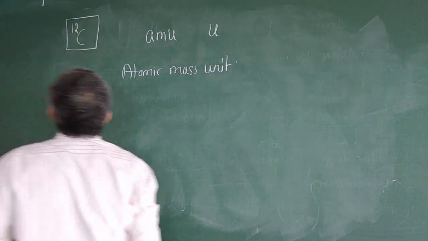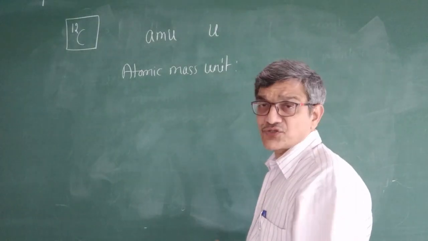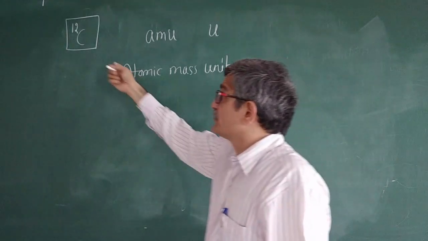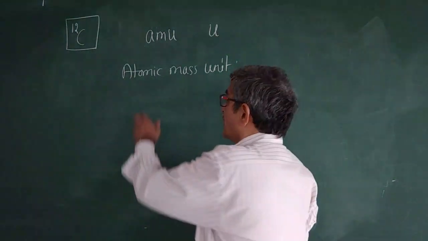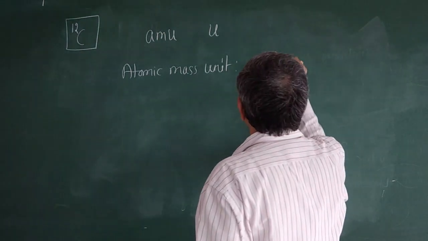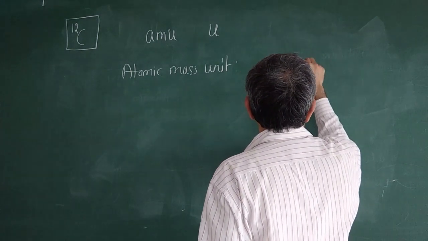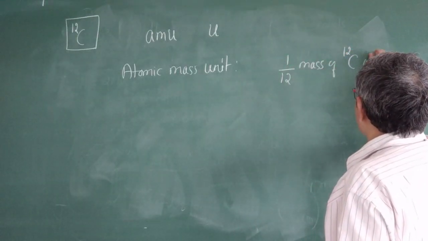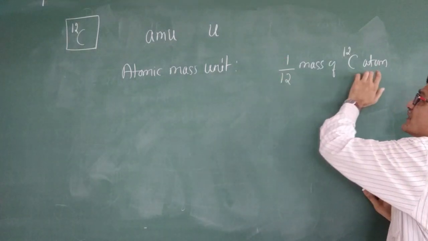The carbon 12 atom is the standard. Carbon has 3 isotopes: carbon 12, carbon 13, carbon 14. Among them, carbon 12 is taken as the reference. So atomic mass unit is nothing but the mass of an atom that is 1/12 of the mass of a carbon 12 atom.